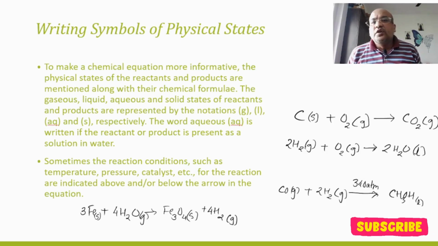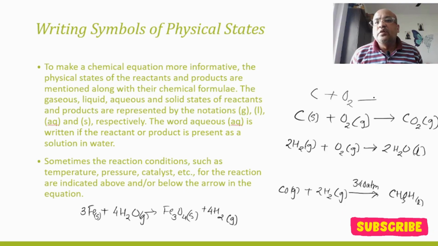So when you see a chemical reaction, it is more informative. The physical states of the reactants and the products are mentioned along with their chemical formula. If I write down a plain chemical reaction, just like this, carbon reacts with oxygen to give me carbon dioxide.